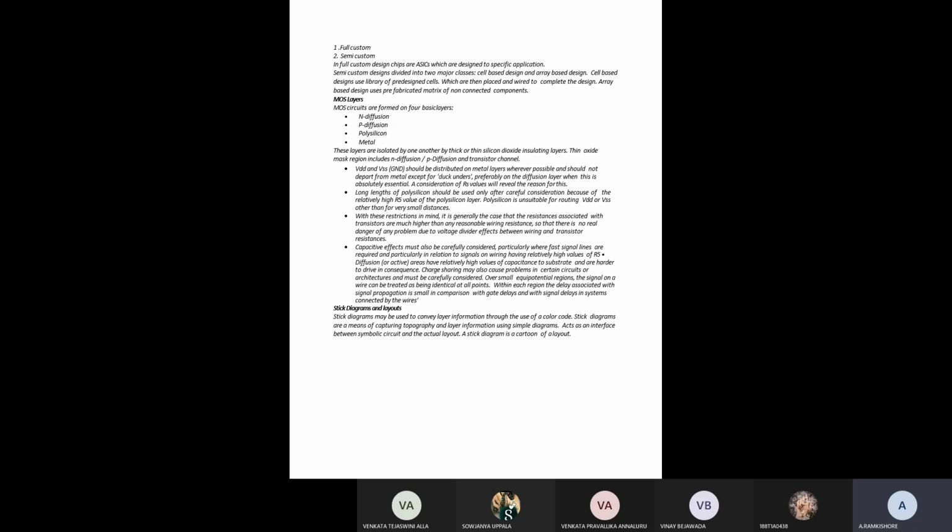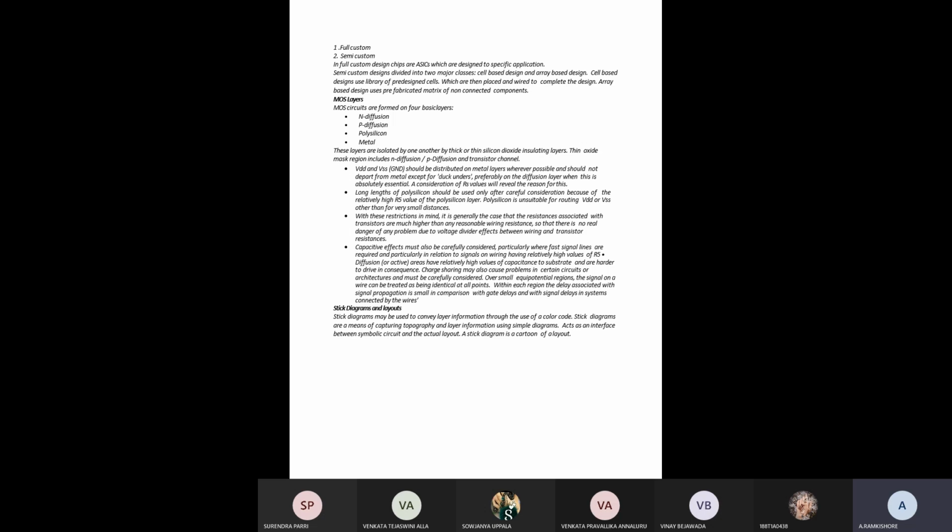First of all, what is meant by a stick diagram? The stick diagram may be used to convey layer information through the use of a color code.